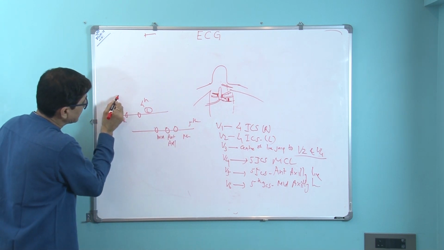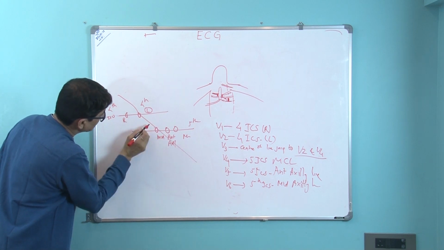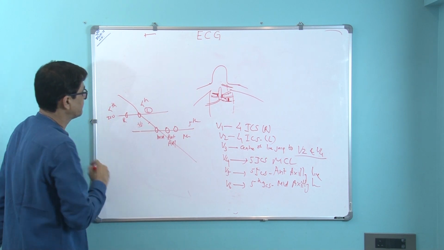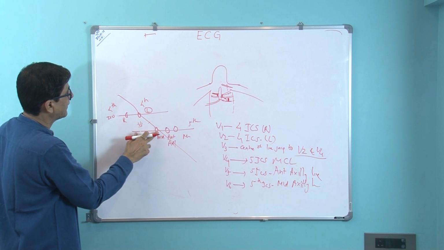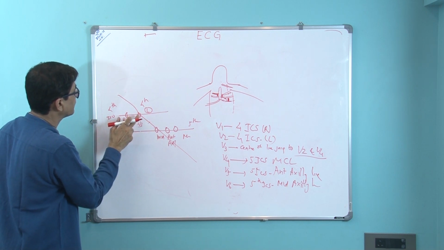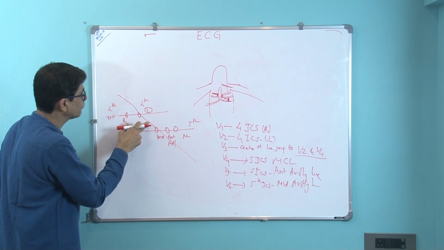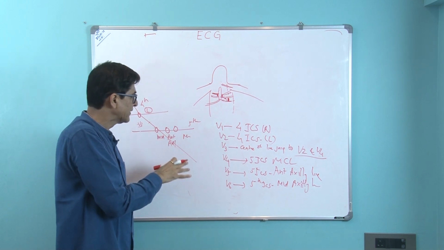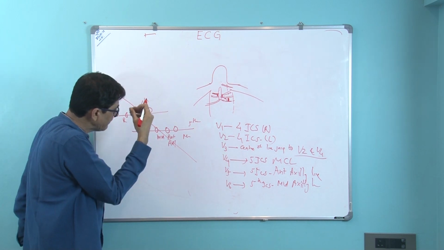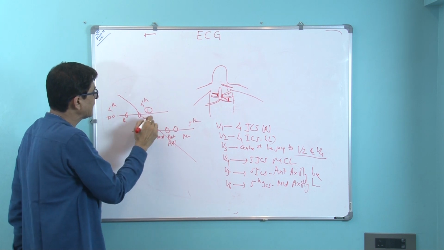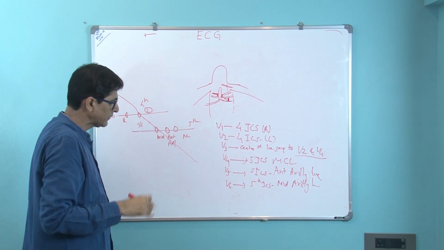If you join this line, the center is V3. So after putting V4 and V2, you keep lead V3 in the center. That is the ideal, because people invariably make mistakes in putting V3. They will put it anywhere, and they make a mistake.